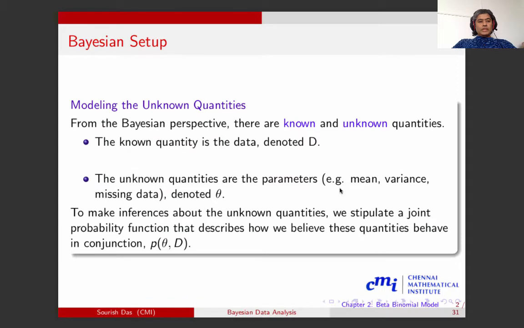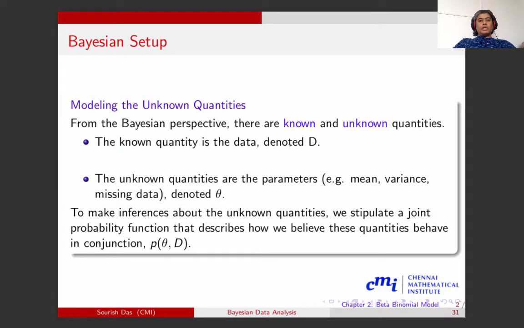In a Bayesian setup, the main objective is that we want to model two parts of a problem. In a Bayesian perspective, there are known parts and unknown parts. Some quantities will be known to us and some quantities will be unknown to us.